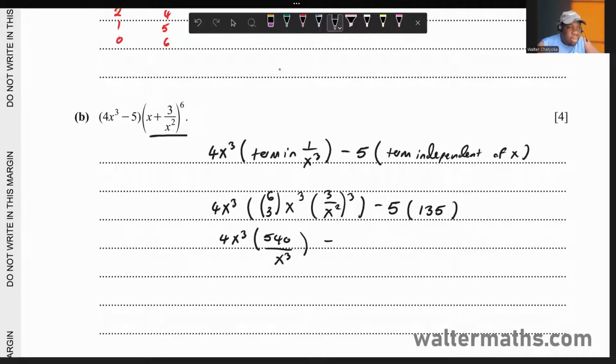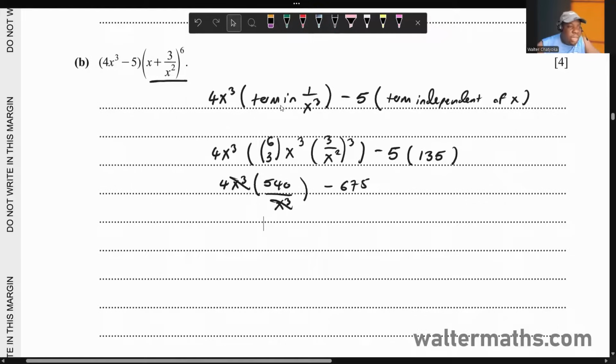And that's minus 5 times 135, which is 675. Here the x cubed will cancel, so it's now a term independent of x. 4 times 540 is 2160. So it's 2160 minus 675, and we get the answer 1485. So that's the answer we get here.